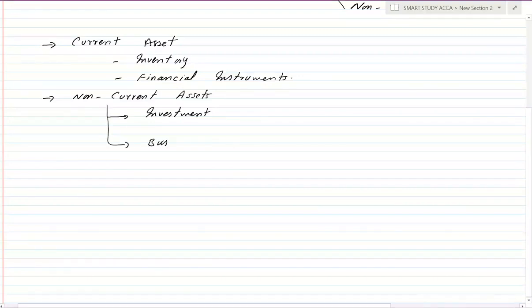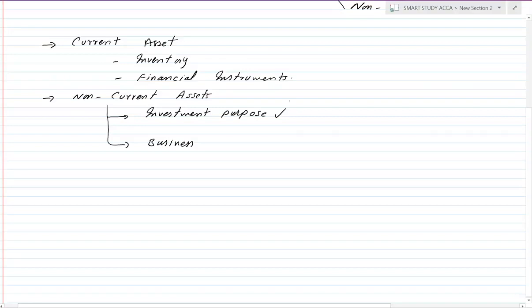So these are two different categories of non-current assets: business use non-current assets and investment purpose non-current assets. What do we mean by investment purpose?